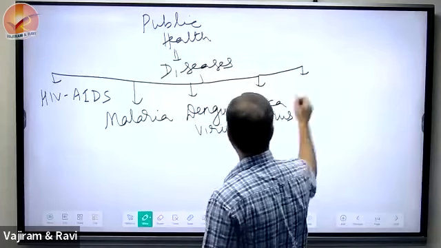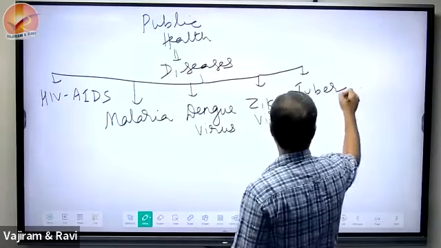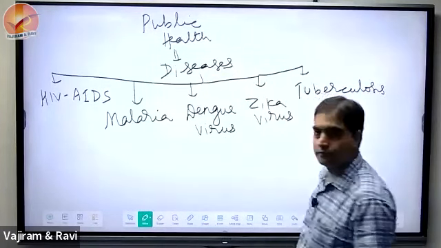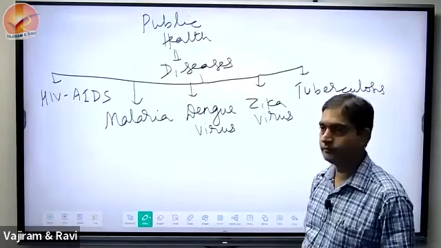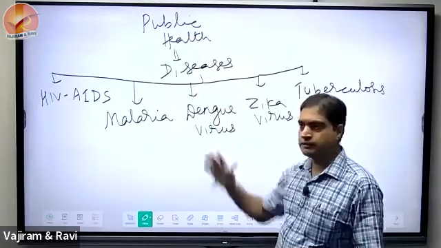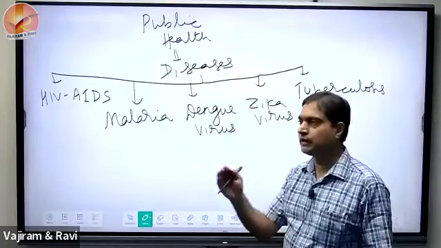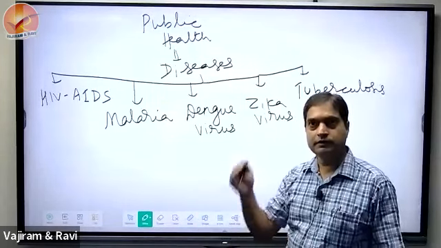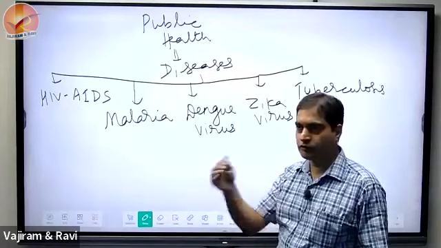Then you must have read about tuberculosis. There are thousands and thousands of diseases, but which disease is in current affairs, which disease impacts the society, that is important for the examiner and also important for the exam.